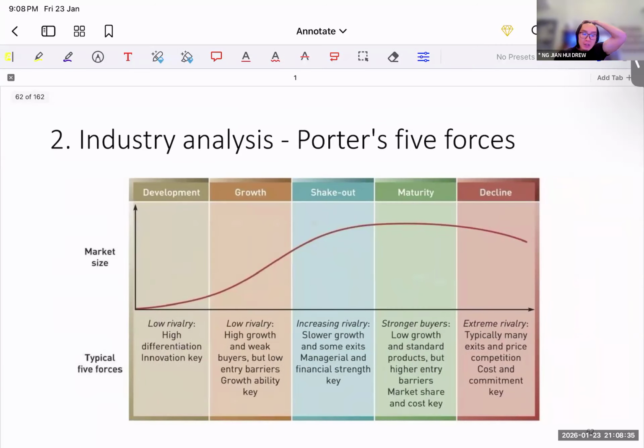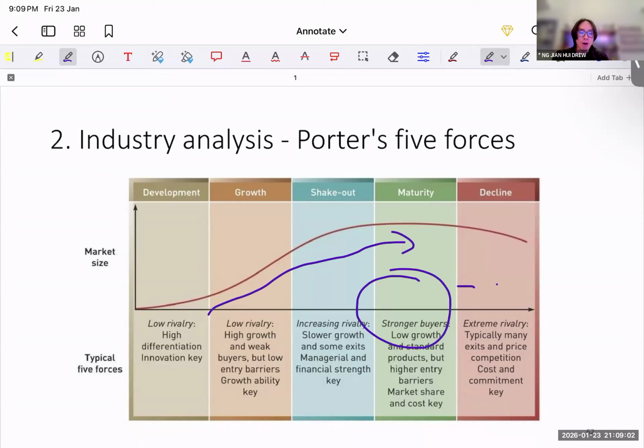What's interesting also is that for Porter's Five Forces, we do have various stages of growth in the market size, whether you're in development, growth, maturity, or decline. At different stages, the forces have a different impact on the company, right? When it's developing, maybe the rivalry is low, but as you go higher and higher, the rivalry becomes more intense because people start to compete for the products.